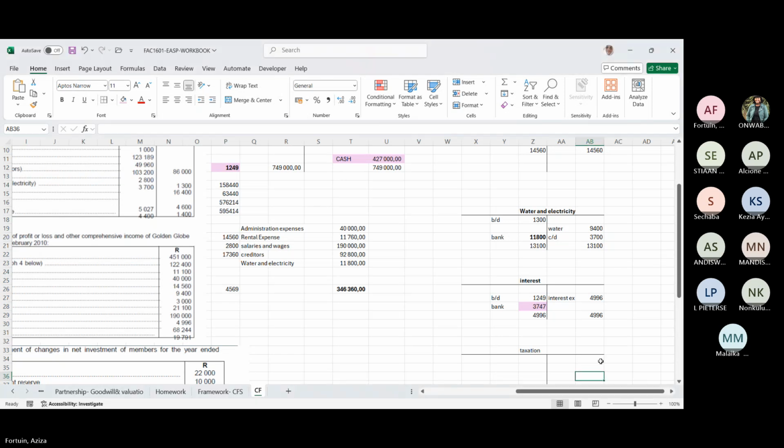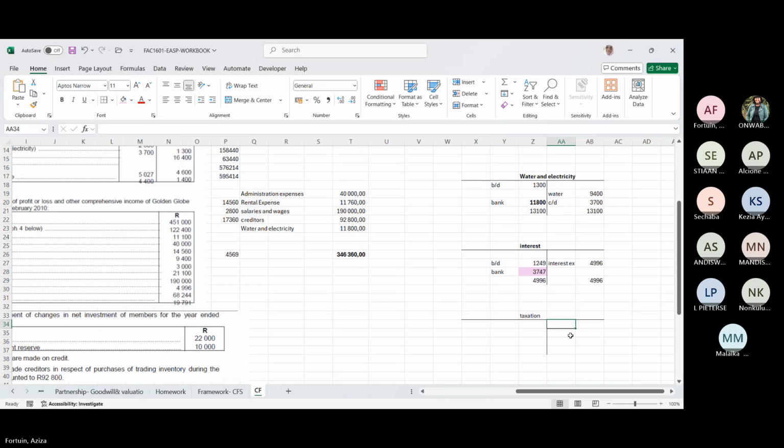Okay. What do you have in here? What number do you have, Madisa? I have 68671.